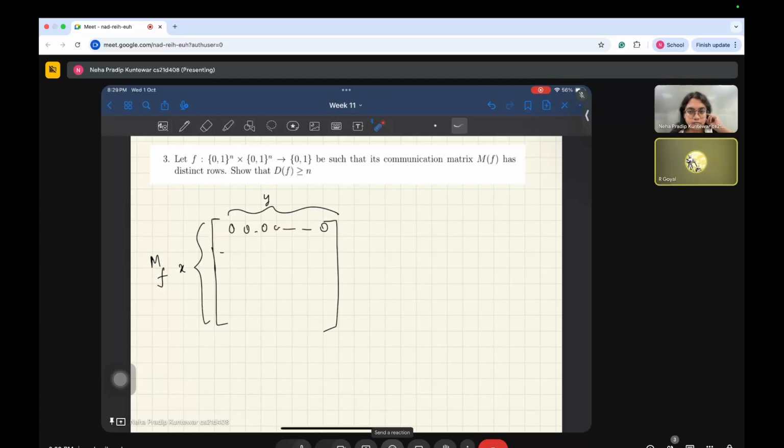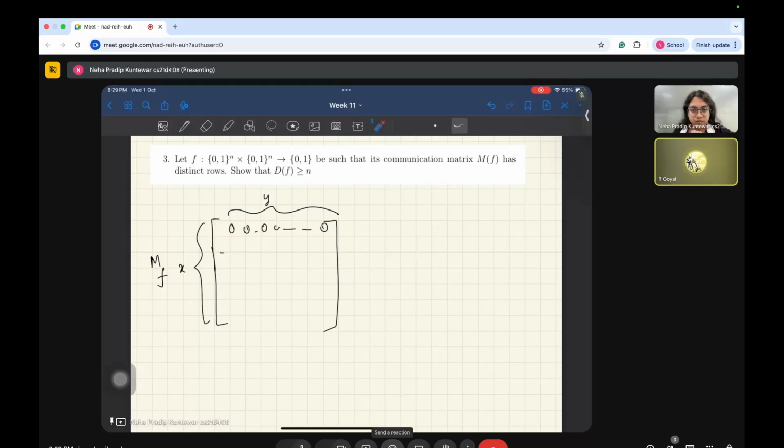Because in the case of normal values, we have some methods to determine the rank, but for the Boolean case, we need to show that this d of f is greater than n.